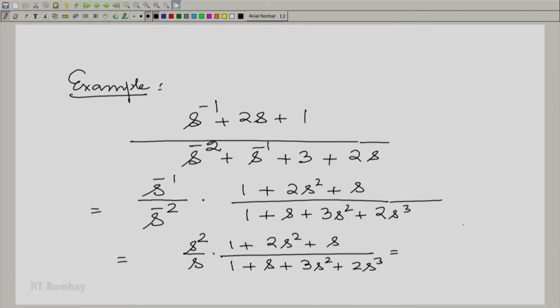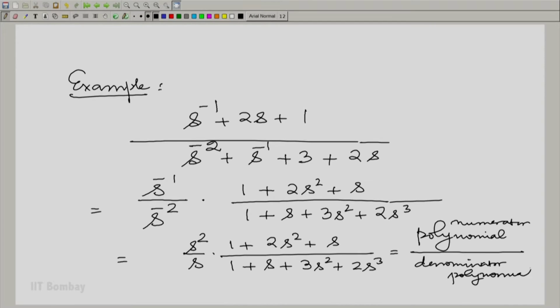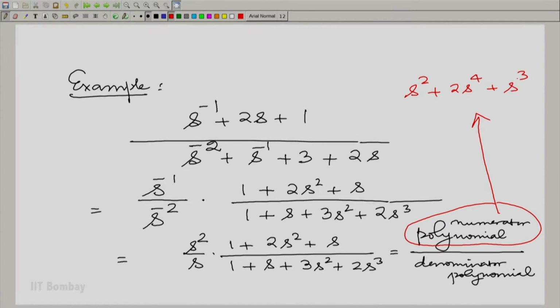Now, this is indeed of the form a polynomial in s divided by a polynomial in s. So, numerator polynomial divided by denominator polynomial. To be complete, let us write down these two polynomials. The numerator polynomial is going to be s squared plus 2s to the power 4 plus s cubed.